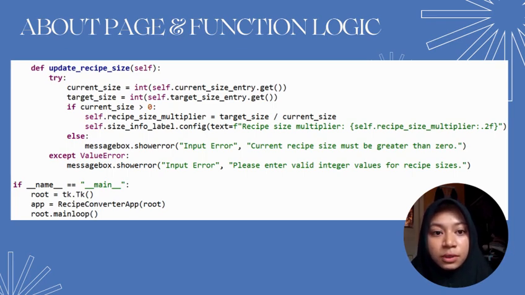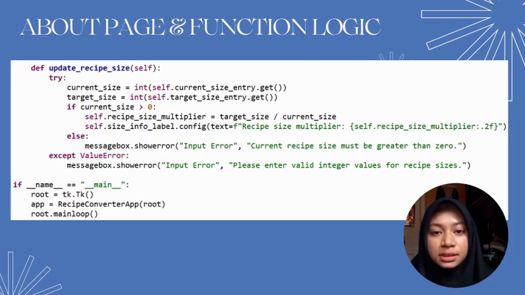Next, to convert to integer, to ensure valid calculations, the function attempts to convert both values into integers using int(). If successful, it proceeds to the next step, and if the conversion fails, the program displays an error message. Next is to calculate the recipe size multiplier.